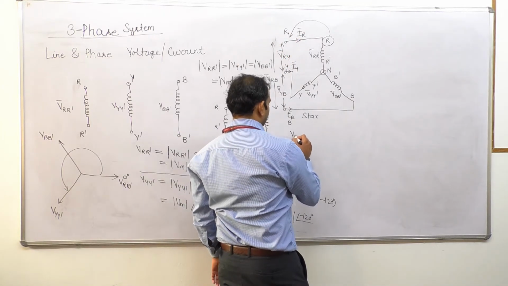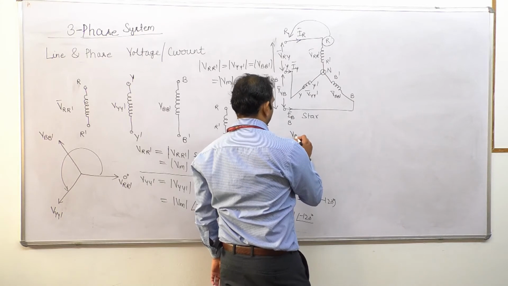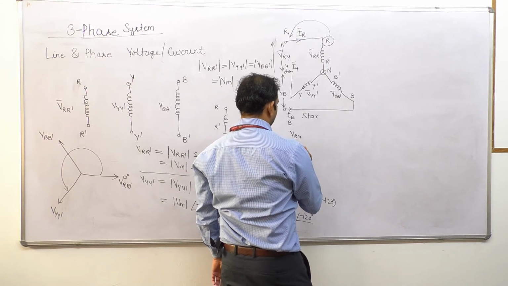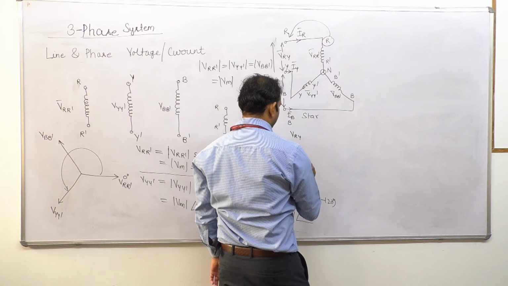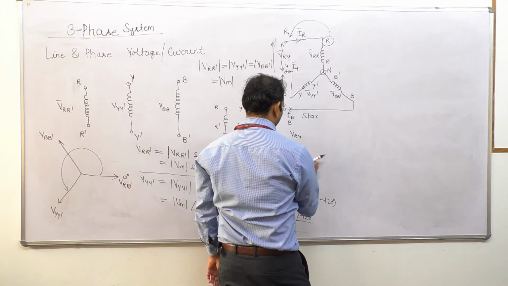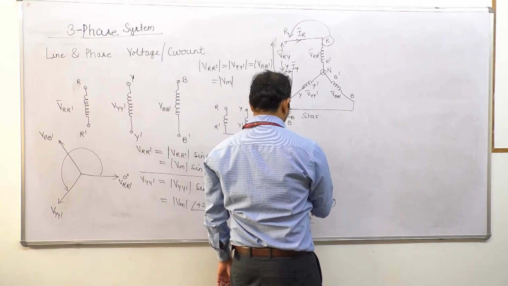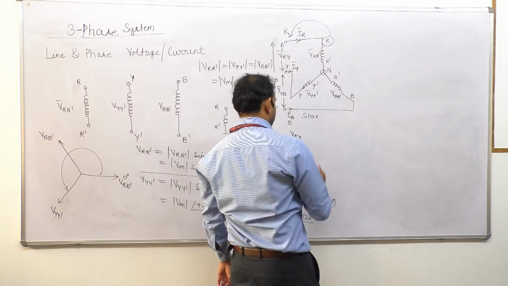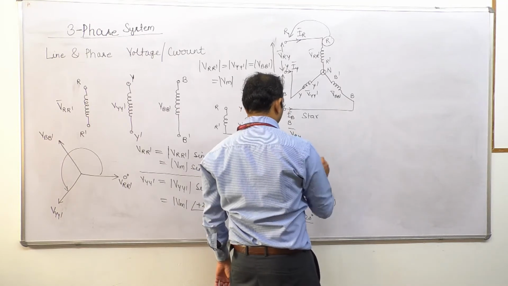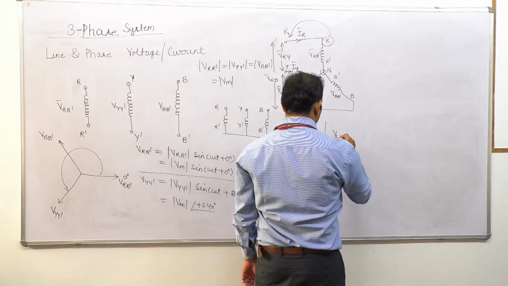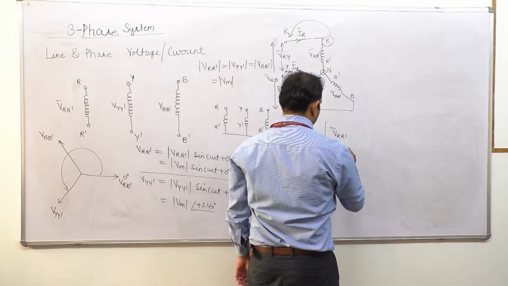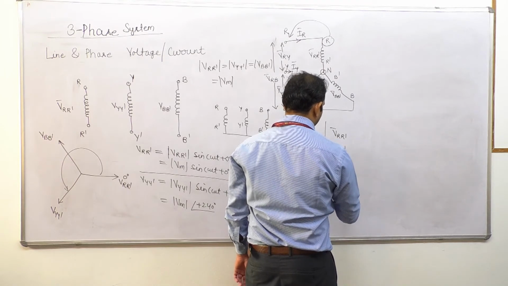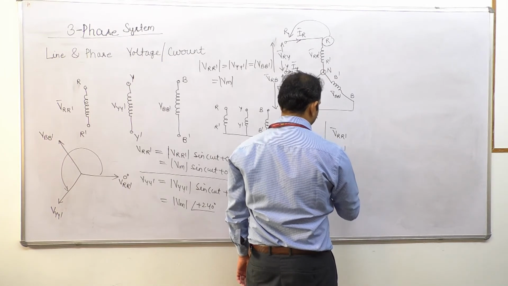We can say VRY, VYB, or VBR, these three voltages, and these three voltages R dash, Y dash, and B dash.